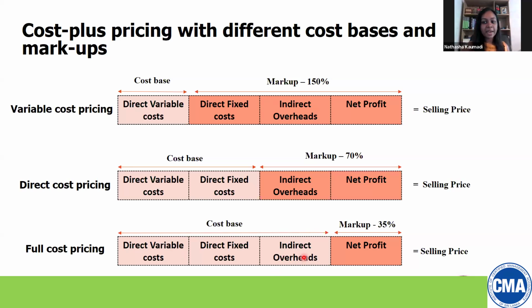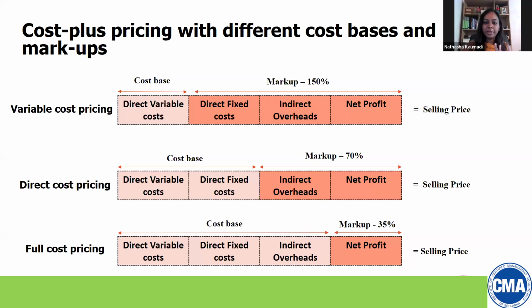Because we don't know the exact prices. All these are estimates, budgeted figures. So you may be using this overhead absorption rate, and then you calculate indirect overhead for one unit, and then you add the profit, that means the net profit markup, standard absorption rate, OAR, overhead absorption rate, and then you come up with the selling price.